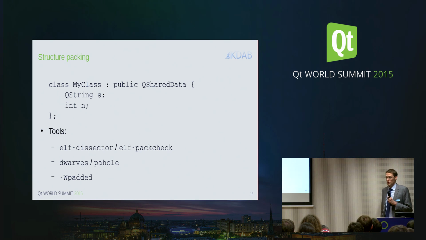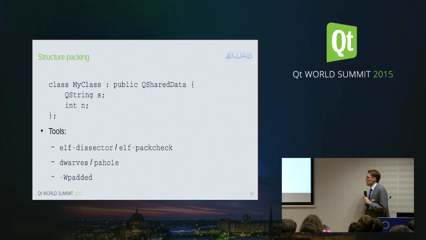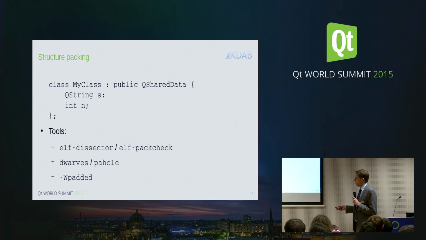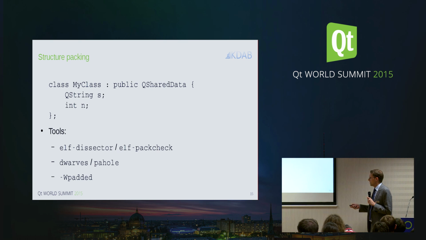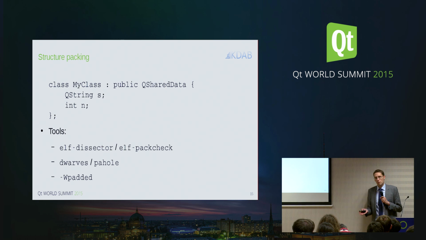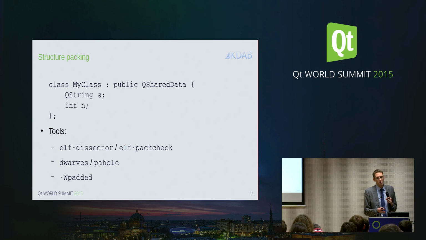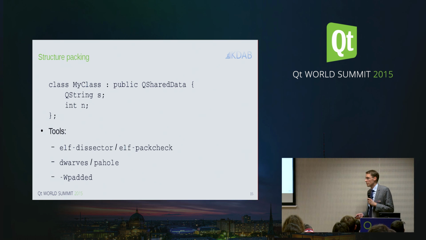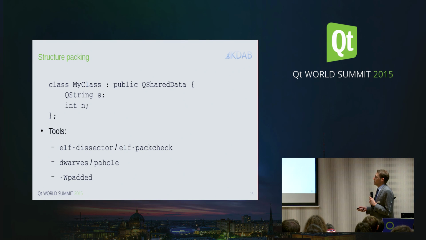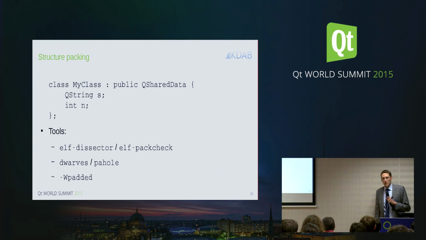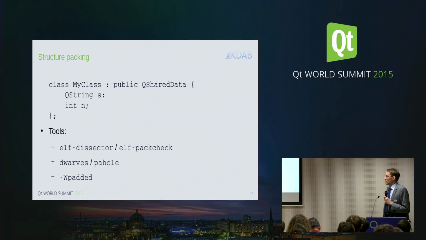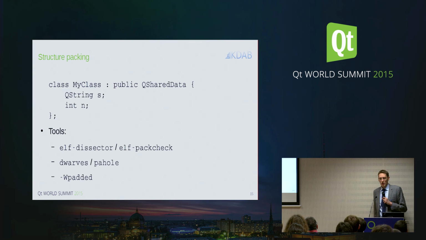It fails on virtual inheritance. The other two, pahole from DWARVES, that seems to work great mostly with C data structures, but fails on some C++ constructs. And the GCC flag for padding, that is just way too noisy, unless you have very strict requirements there.